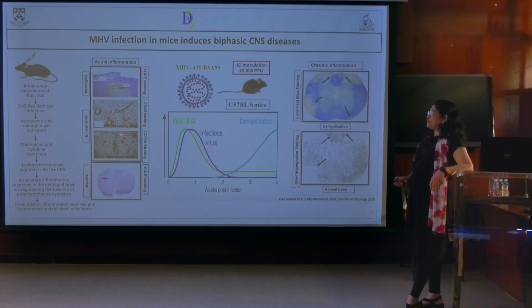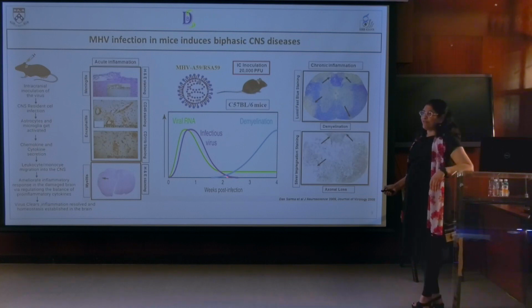In coordination with microglia and macrophages, the peripheral T cells interact and bring the anti-inflammatory response. The viral titer goes down below the detection limit. Viral RNA also goes down but persists to some extent, and demyelination starts as early as day 5 to 6 post-infection but reaches its peak by day 30 post-infection, about 4 weeks.